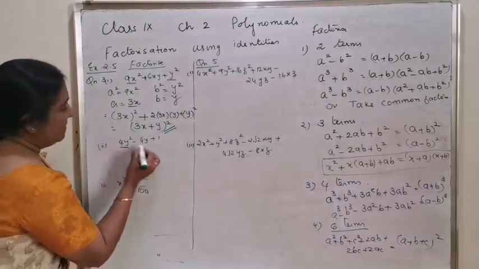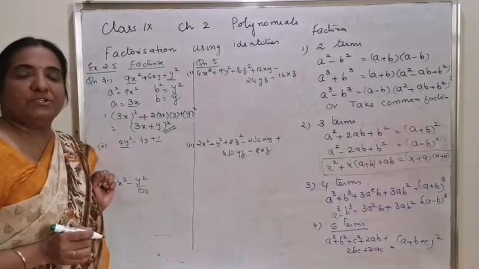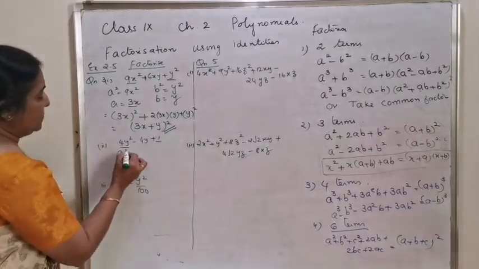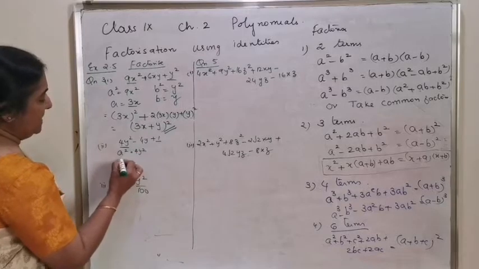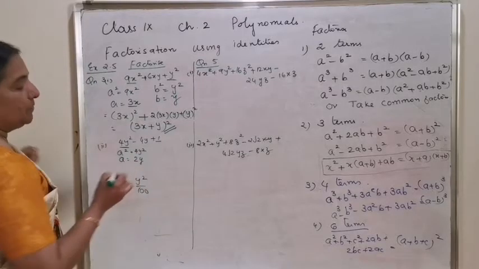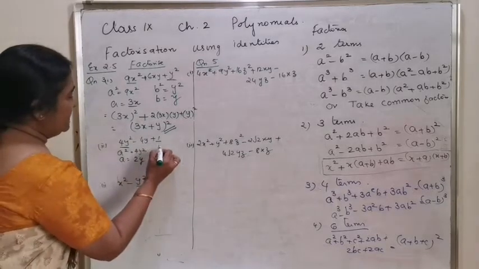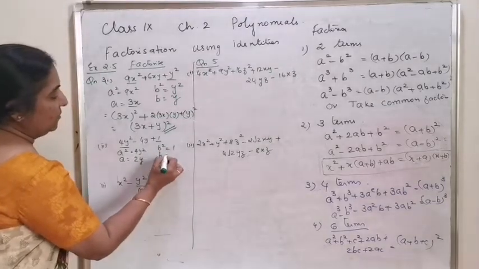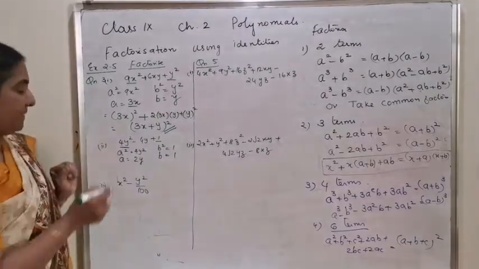Similarly, identifying the two square terms, a square is equal to 4y square, so a is equal to 2y. B square is equal to 1, so b is also 1.